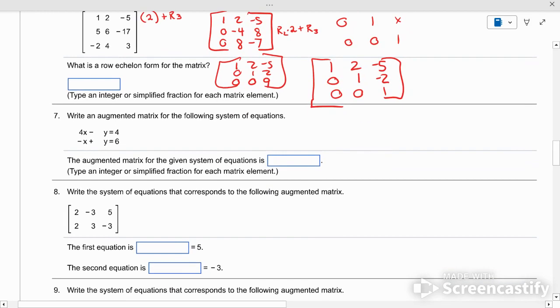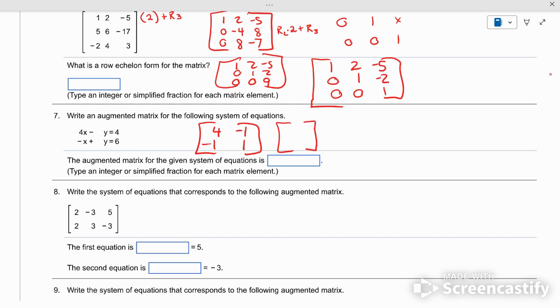All right. Now, in number 7, we're writing an augmented matrix for the following systems of equations. So my first matrix will be the coefficients of these numbers. 4, negative 1, negative 1, 1. My second matrix will be my x and then my y. And my third matrix will be 4 and then 6.